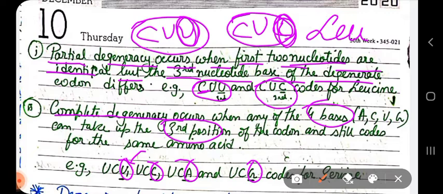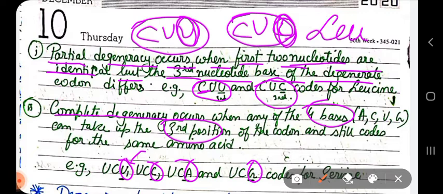You can see here UCU codes for serine, UCC, UCA, UCG. The UC is constant, but the third position is changed by any of the four bases, but still they are coding for the same amino acid. That is called complete degeneracy.